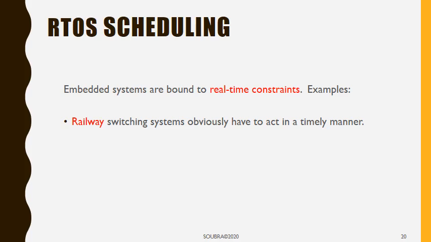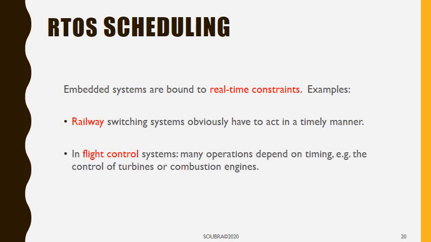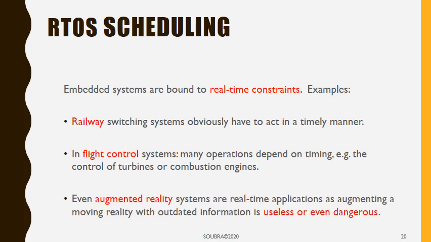So it's something that happens all the time. Switching needs to happen on time, or else we can risk collisions, stuff like that. Flight control system example, you can think about the combustion engines, or even the landing gear, for instance. Everything needs to be done on time, so deadlines need to be respected.